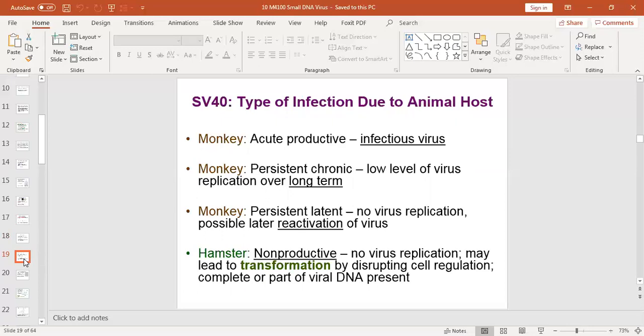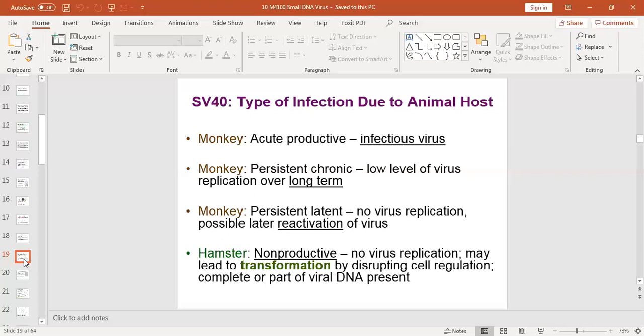So SV40 classification of type of infection based on the animal host. If it's in monkey, we see either acute and productive infection, the virus is infectious virus. In monkeys, it can also cause persistent or long-term chronic infection or persistent latent infection that the virus can become reactivated.